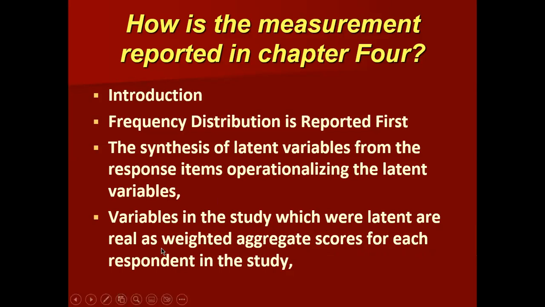At the time of analysis or entering the data into your computers, they are still not there. It is when you now synthesize them as weighted aggregate scores for each respondent in the study that they emerge. They emerge to describe what is happening, the level of knowledge, the level of attitude, the level of perception. How does it connect with the level of behavior? All right. So that is how it's done.